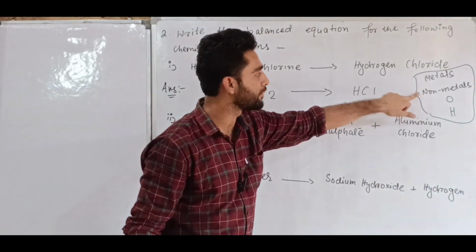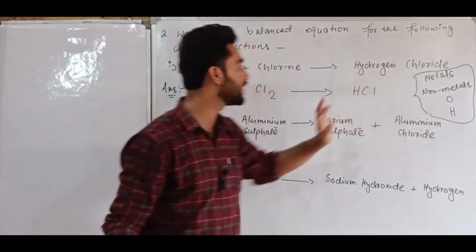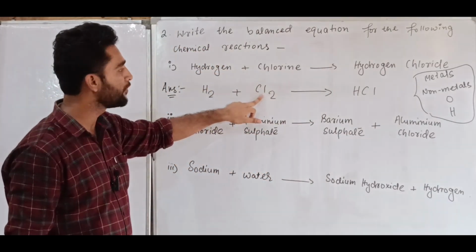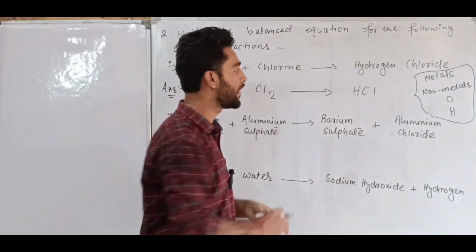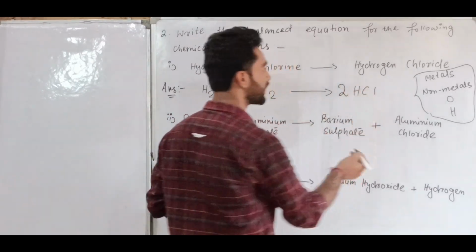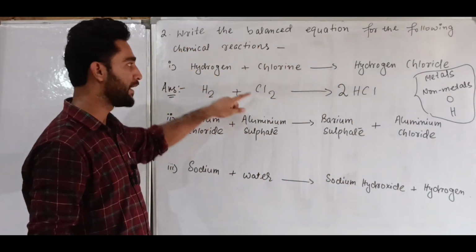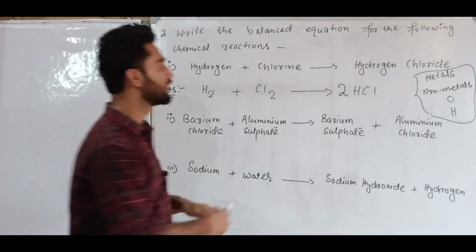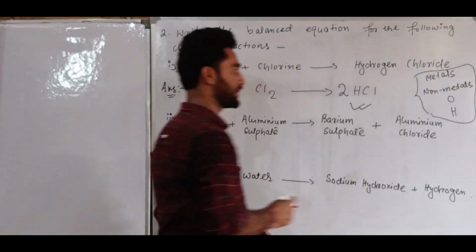Then try to balance the non-metal other than oxygen and hydrogen. So here chlorine is how many? Chlorine is the non-metal. Chlorine 2 here, and here chlorine 1. So put 2 here. Now check. Metals are not there. Chlorine 2, chlorine 2. Hydrogen 2, hydrogen 2. Now this reaction became balanced.